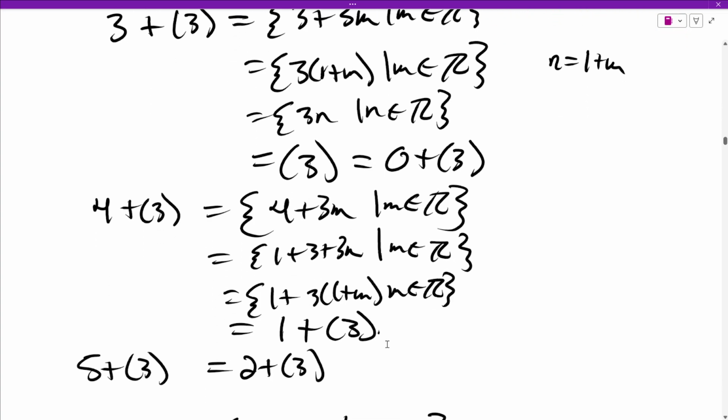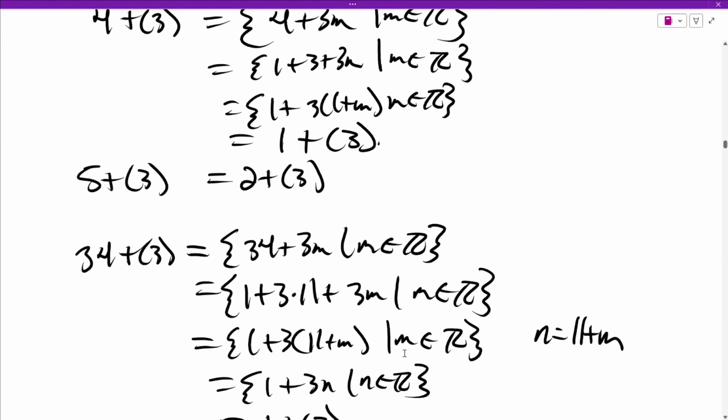Similarly, we can do the same thing with 4. 4 plus the multiples of 3. 4 we can write as 1 plus 3. And then we can absorb this 3 into the multiples of 3. And we get this expression. So the coset that is represented by 4 is the same as the coset that's represented by 1.